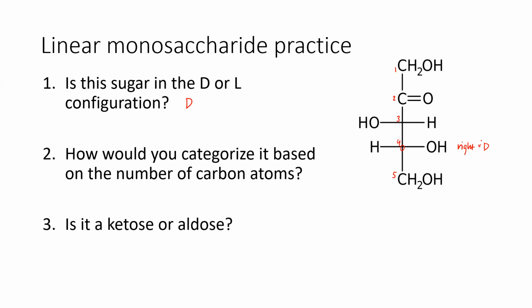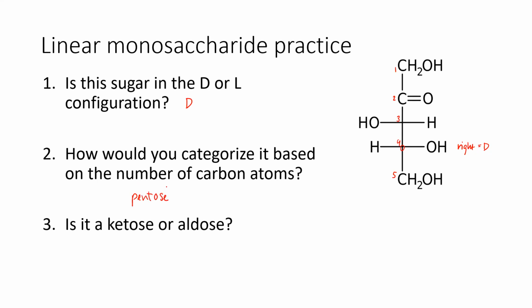So now that we know it's a D sugar, how can we categorize it based on the number of carbon atoms? Like the fact that it's a pentose sugar. Yeah, exactly right. So it's 5 carbons. We use the prefix pent, and then -ose for sugar.